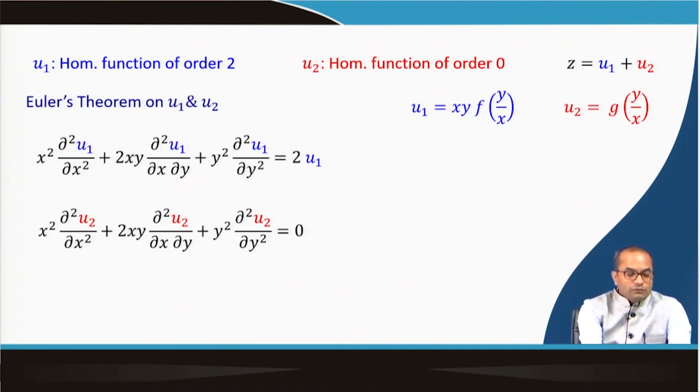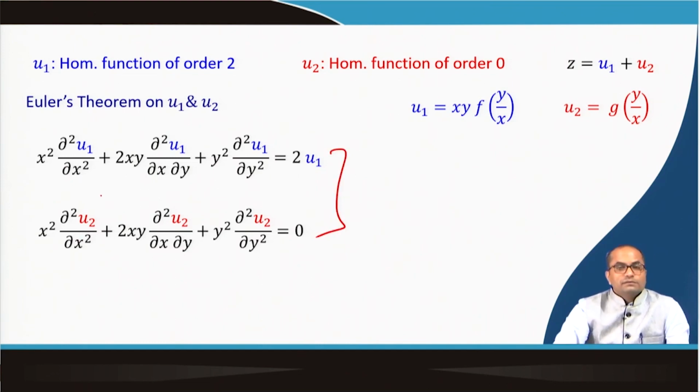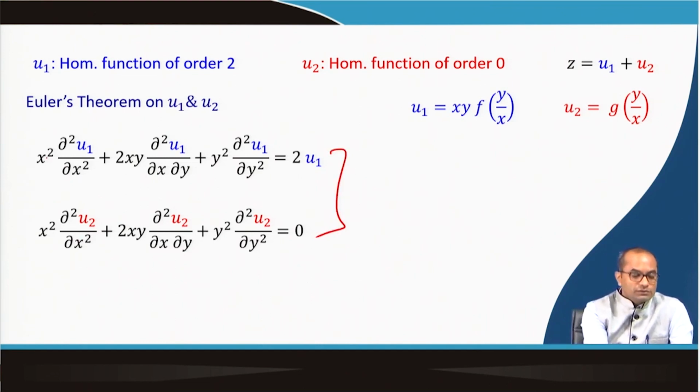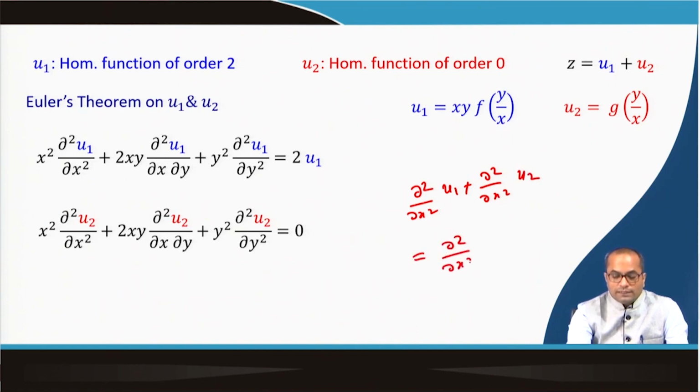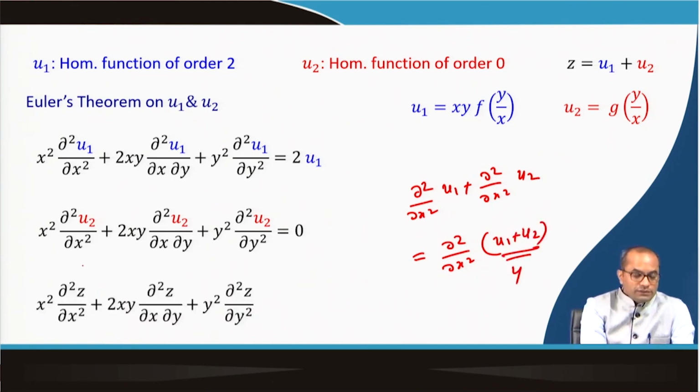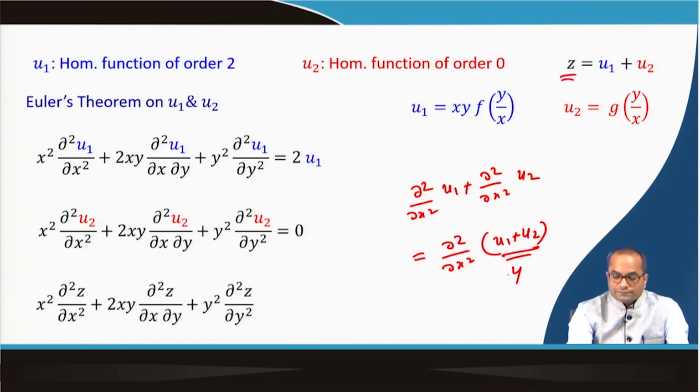And now we can basically add the two equations, because this differential operator is a linear one. So, x squared, and these two will be added. In fact, del 2 over del x2 we can apply on u1 plus u2, that is the linearity of the operator. So, del 2 over del x2 on u1 plus del 2 over del x2 on u2 can be written as del 2 over del x2 on u1 plus u2, and u1 plus u2 is z.